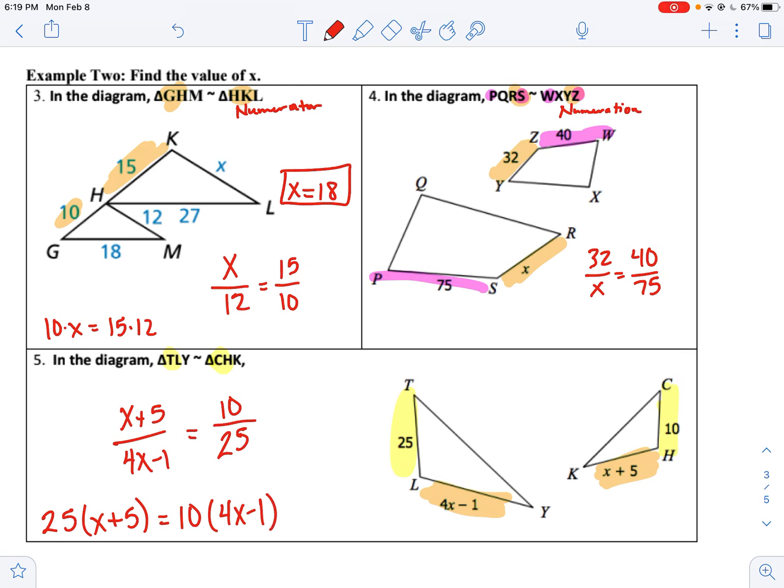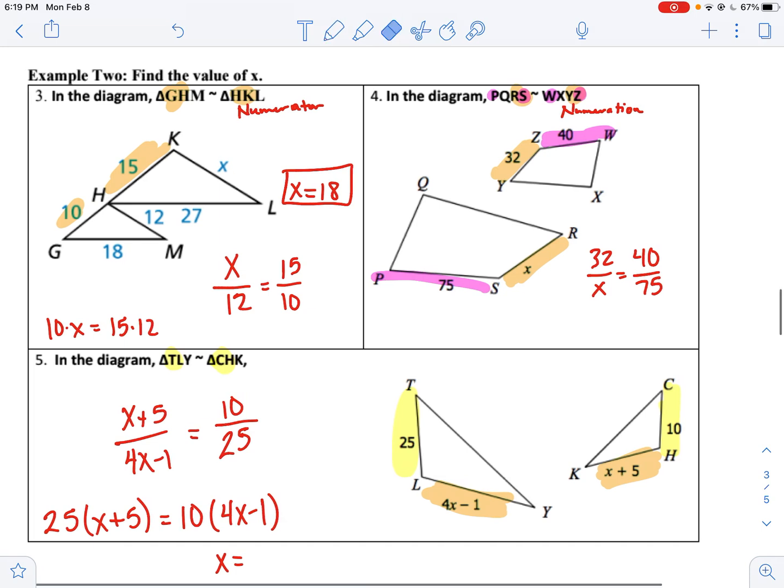And then x should be, let's see, 25x plus 125. You got to distribute. 40x minus 10.